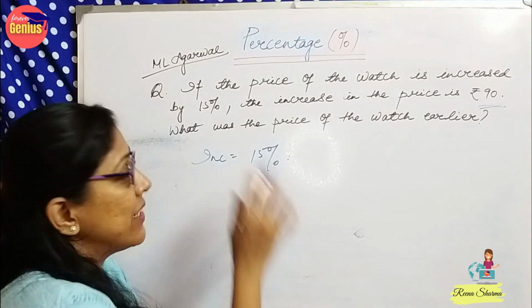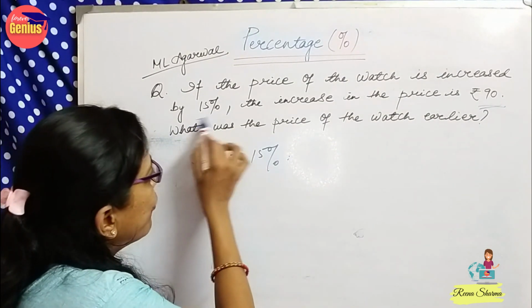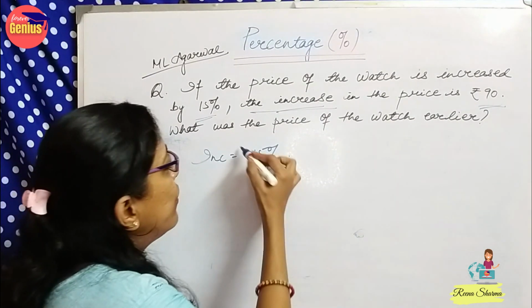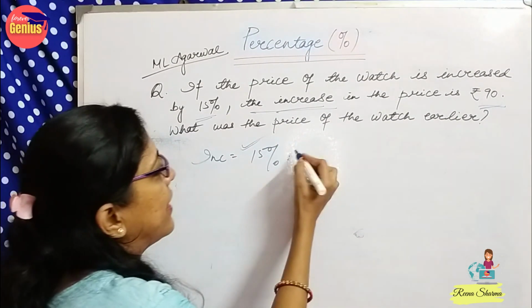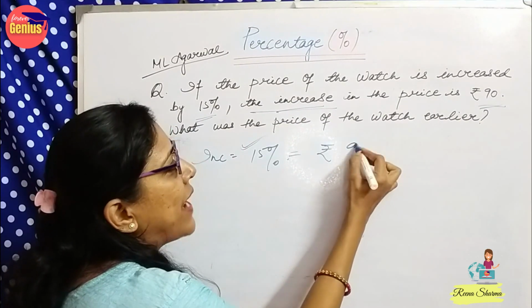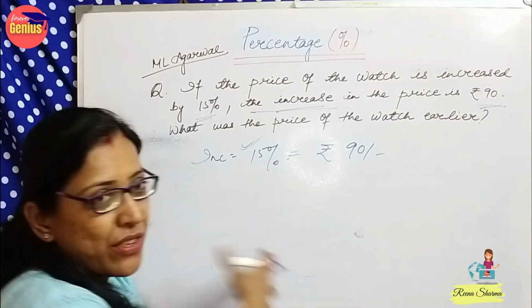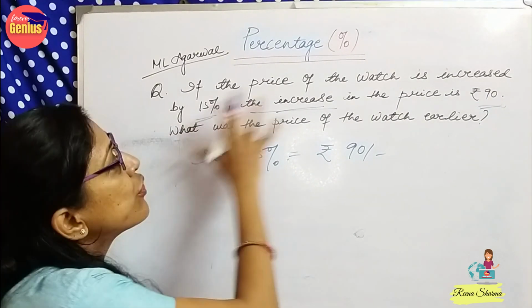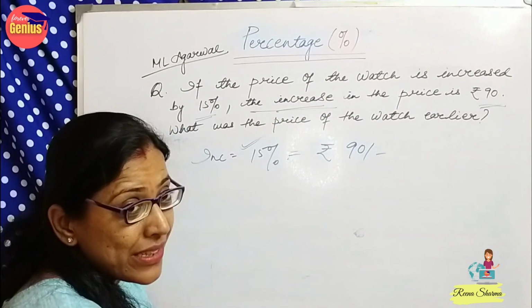What they are giving here, just in order to confuse, see, they have written 15%, the increase in price. So the value which has been increased, that is 15%, is equal to rupees 90 in this case. What was the price of the watch earlier? We have to find the price earlier. So how to do it in these cases?